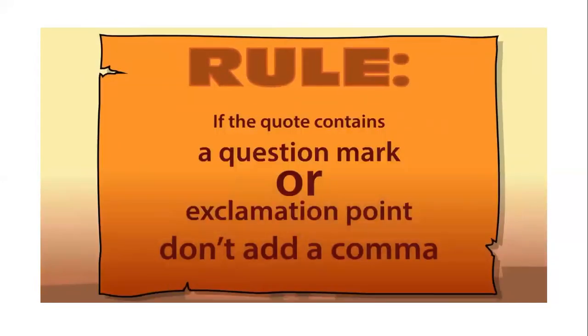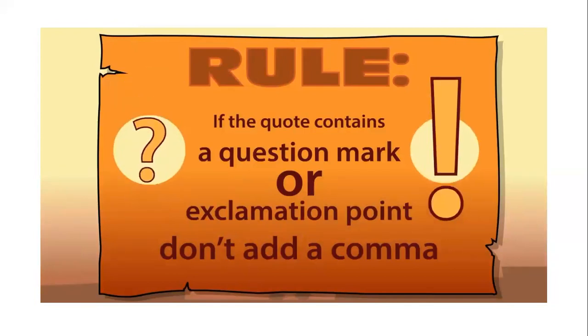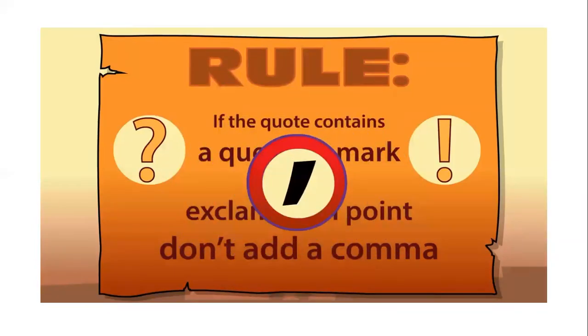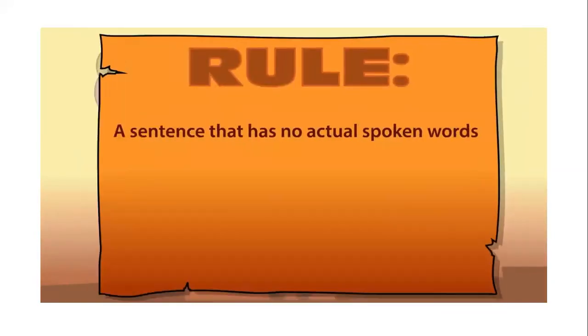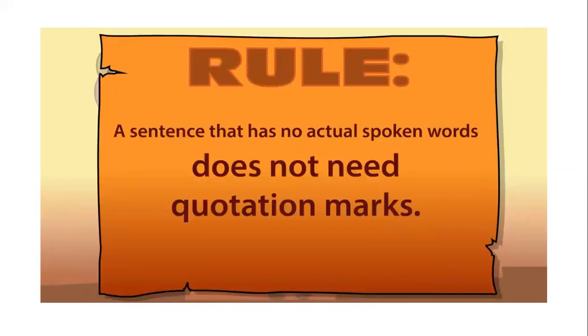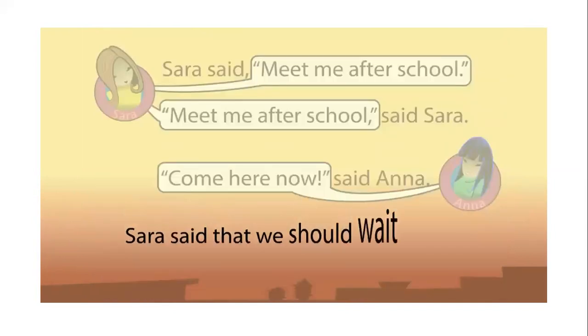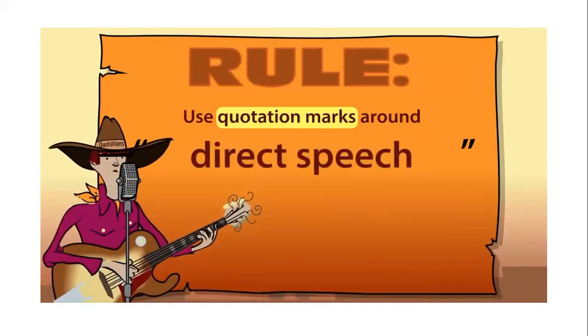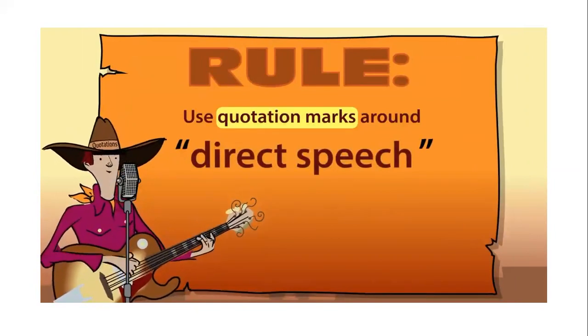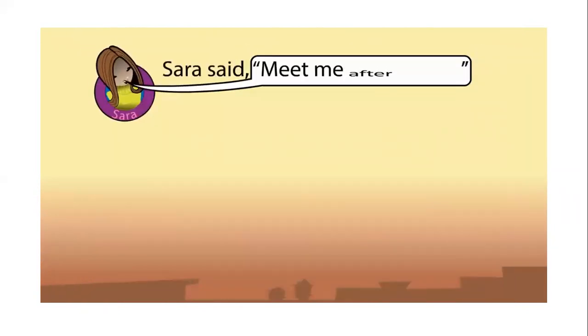If the quote contains a question mark or an exclamation point, don't add a comma. Come here now! said Anna. A sentence that has no actual spoken words does not need quotation marks. Sarah said that we should wait for her. Use quotation marks around direct speech, the actual words of the speaker. Sarah said, meet me after school.